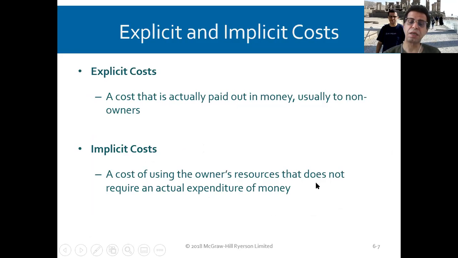Now, the explicit and implicit costs are where the difference between the accounting approach and the economic approach comes in. An explicit cost is a cost that is actually paid out in money to non-owners. An implicit cost is the cost of using the owner's resources that does not require an actual expenditure of money.